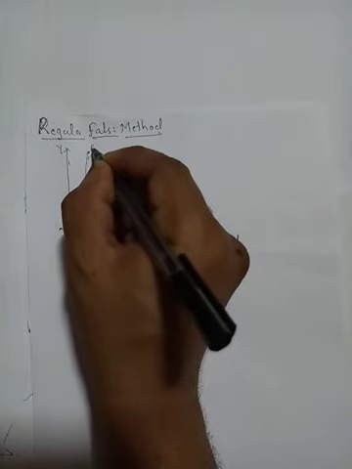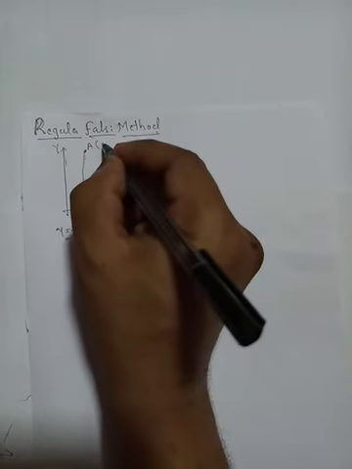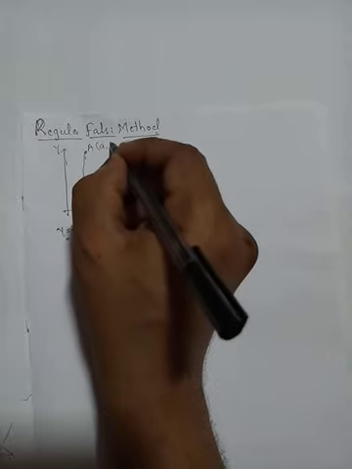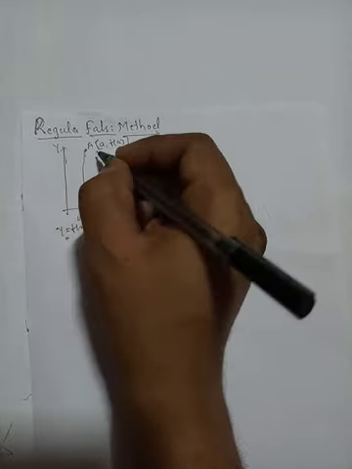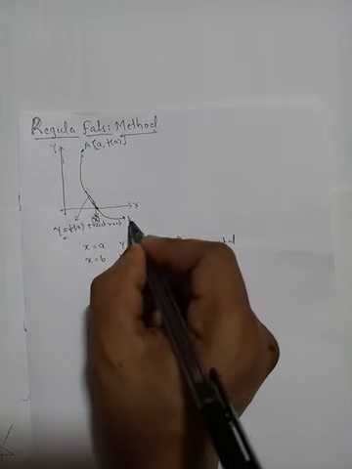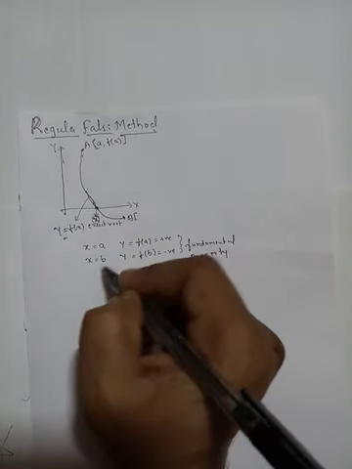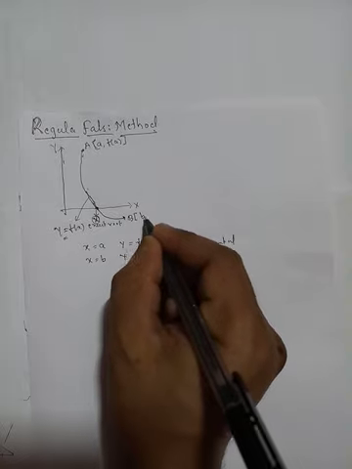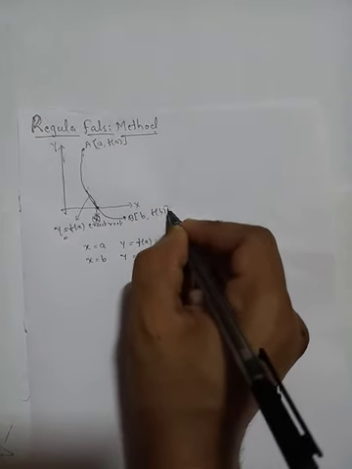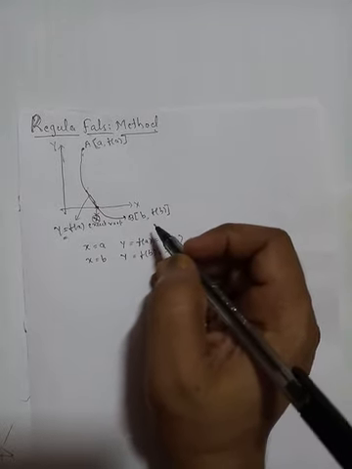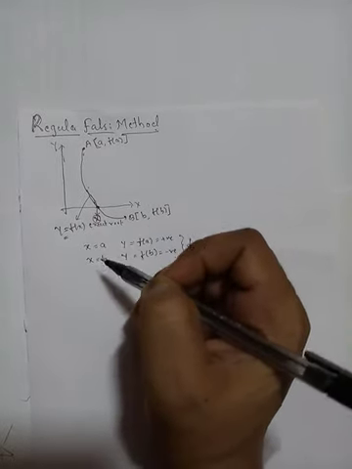Suppose this is the point a, I take x as a here, and this is the value of y. Then this is the point b, so the value of x is b and the value of y is f of b. So our exact root is here.